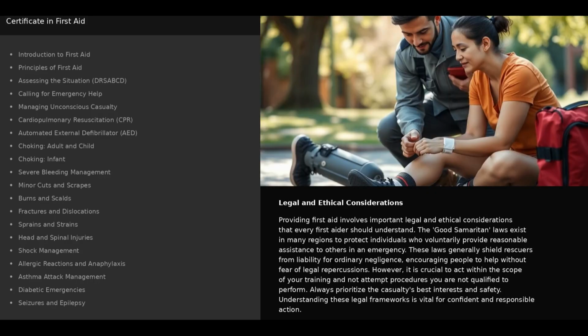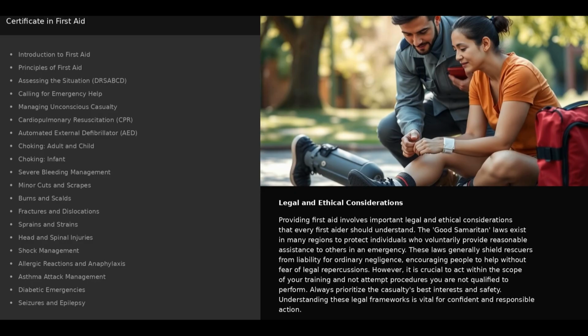Legal and ethical considerations. Providing first aid involves important legal and ethical considerations that every first aider should understand. The Good Samaritan laws exist in many regions to protect individuals who voluntarily provide reasonable assistance to others in an emergency.